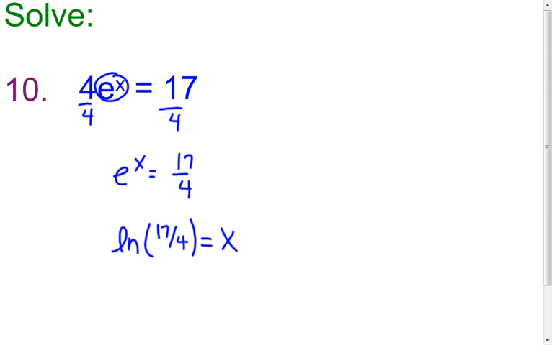If you can't skip that step, switch this to logarithmic form, log base e of 17/4 equals x, and the log base e can be replaced with ln. Type this into your calculator. x will come out to be about 1.4469.